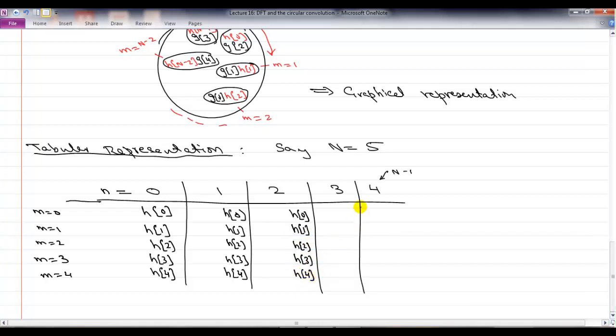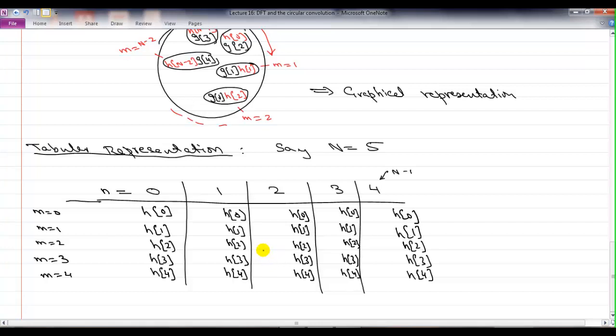If we had used G as a fixed sequence, then I would do this for G instead of H, but right now we are fixing H and we are going to circularly flip and circularly shift G. So now we have just put down all the values of H in the 5 columns.